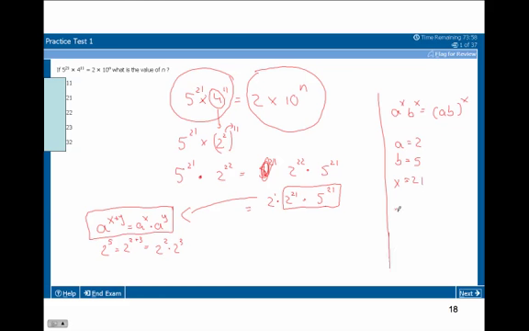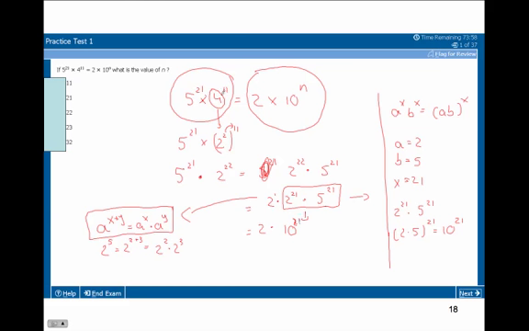So you have 2 to the 21 times 5 to the 21, which is 2 times 5 to the 21, which is 10 to the 21. So here we have 2 times, and then this part here, as we observe from here, would be equal to 10 to the 21. So we achieved our goal.